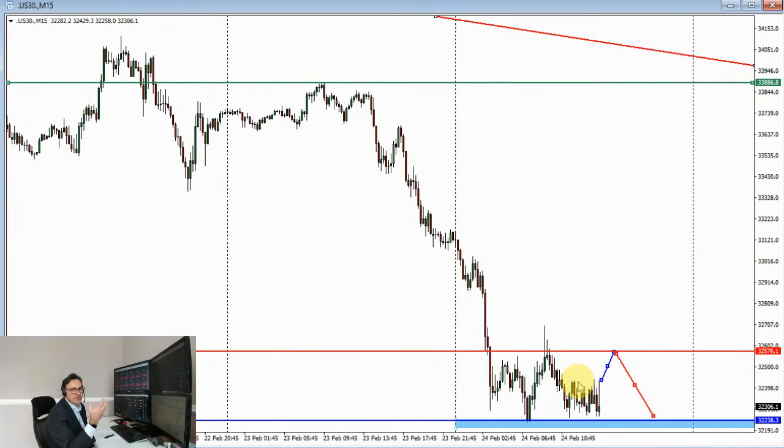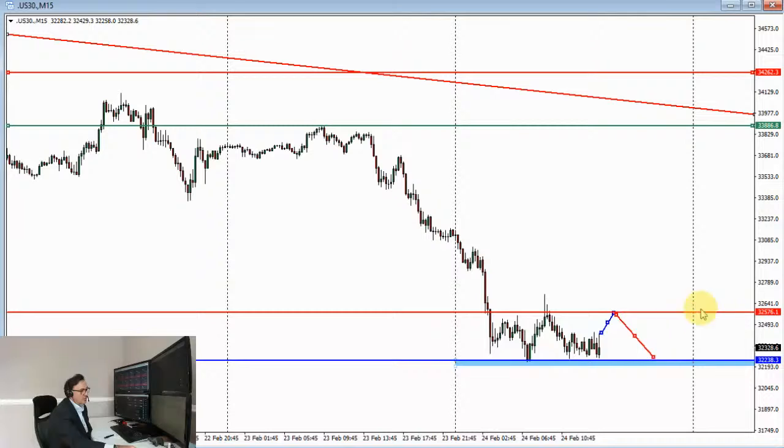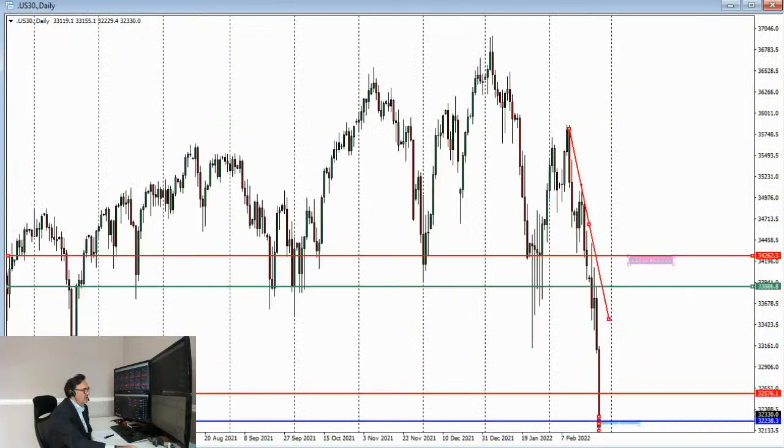So another trigger is required, some further escalation, some further trigger of fear is required for another leg lower. Or from a technical point of view, if I want to speak as plainly as I possibly can, a sell-off and an end of day close below these lows down here would then trigger another leg lower. So that's where we are with the Dow.